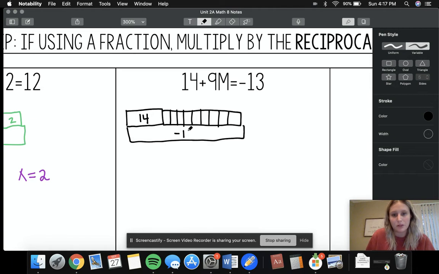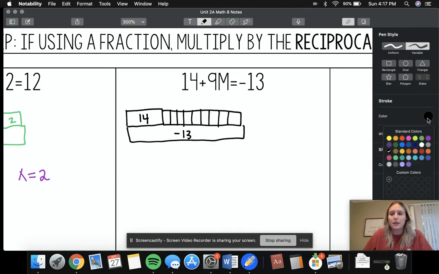Okay, so sometimes the picture isn't very helpful because we have these numbers that all have to be the same, and we're going to add 14 to it, and it needs to equal negative 13. So we have to think about our number sense. So if we add 14 to something, and it has to equal negative 13, that means I'm really far down, and when I add 14, I still am at a negative 13.